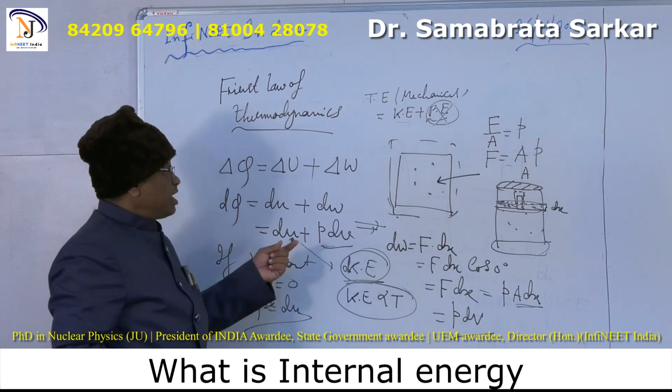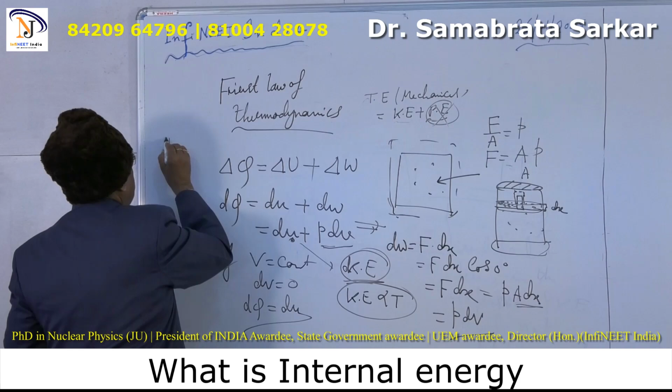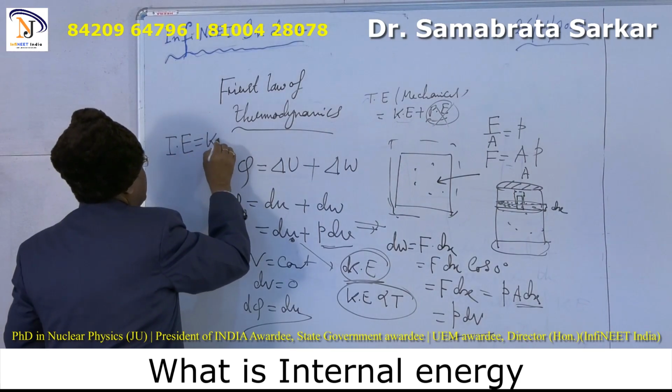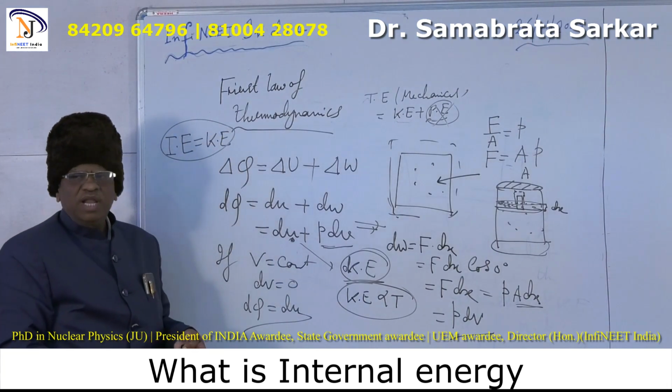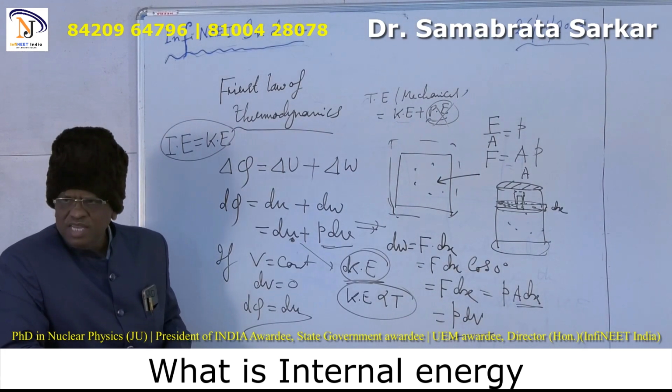Okay. So it is clear that internal energy equals entire kinetic energy. Why is potential energy not here? Because the gas is an ideal gas.